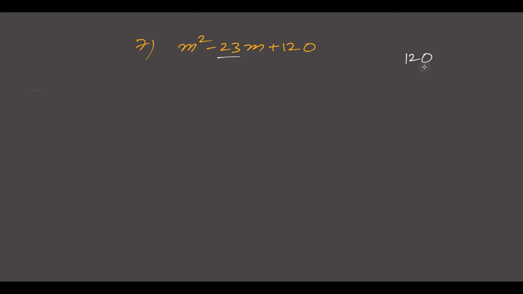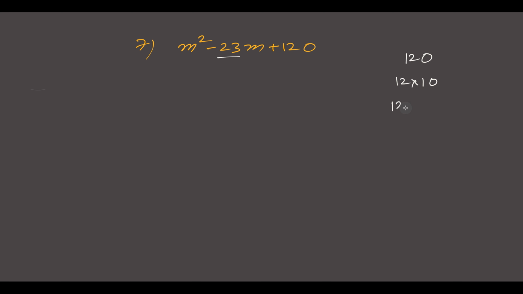How can we split it? The first numbers, let's say, are 12 into 10. Okay, it is so simple. Now if you add or subtract, will you get 23? Let's say 12 plus 10, it is going to be 22, not 23. Now we have to try in such a way that you get 23.